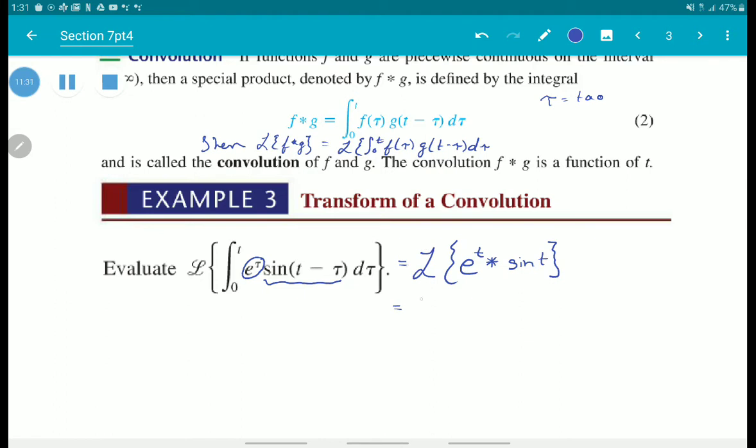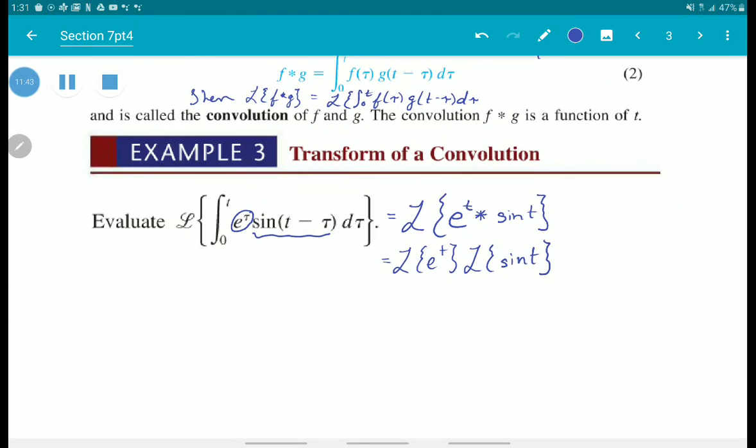Since this is a convolution, we can take the product of the Laplaces of the functions. So the Laplace of e to the t is 1 over s minus 1, and the Laplace of sine of t is 1 over s squared plus 1. So there's our final answer.